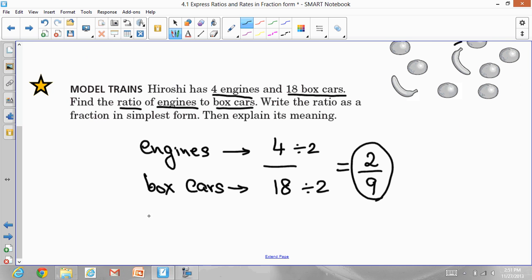I can write it in 3 different ways: as a fraction, with a colon in the middle, 2 is to 9, or just 2 to 9. What it really means is this: for every 2 engines, there will be 9 box cars. That is the comparison.